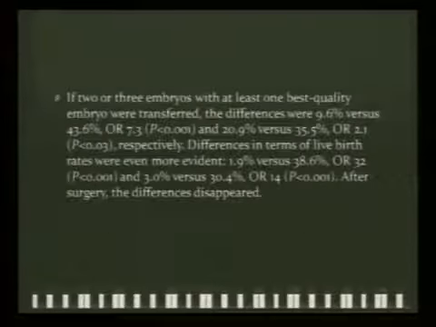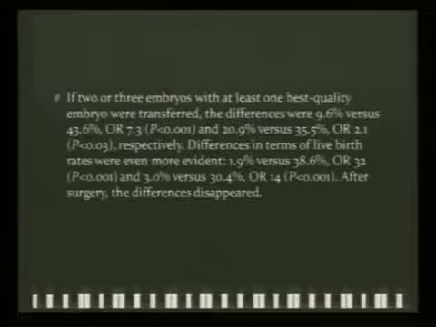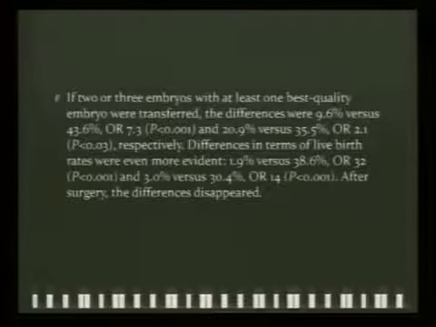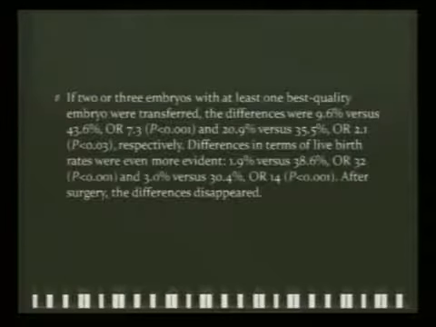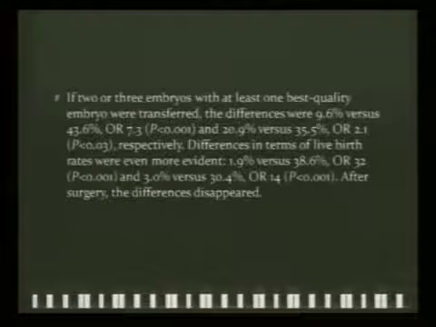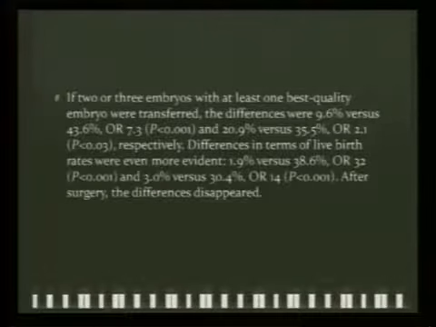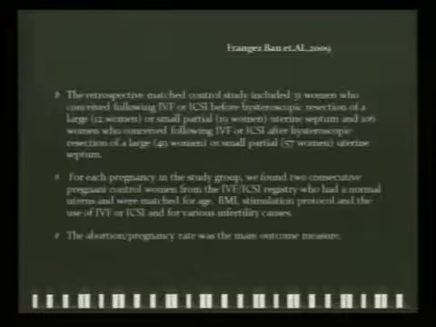If 2 or 3 embryos with at least one best quality embryo were transferred, the difference was 10% versus 45%, and 21 versus 35% respectively. The difference in terms of live birth rates was even more evident, 2% to 40%, and 3% to 30%. After surgery, the differences disappeared.